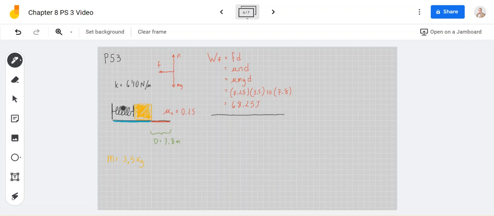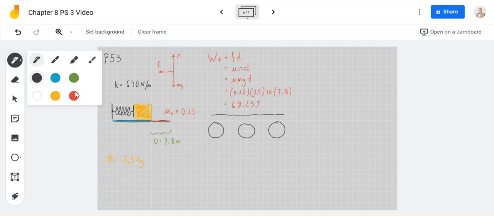If we think about the way this looks, when this started, this is when it was in contact with the spring, this is when it left the spring, and this is when it came to a stop. We would see that this one's all thermal energy, this one was all elastic energy, and this one is all kinetic energy.